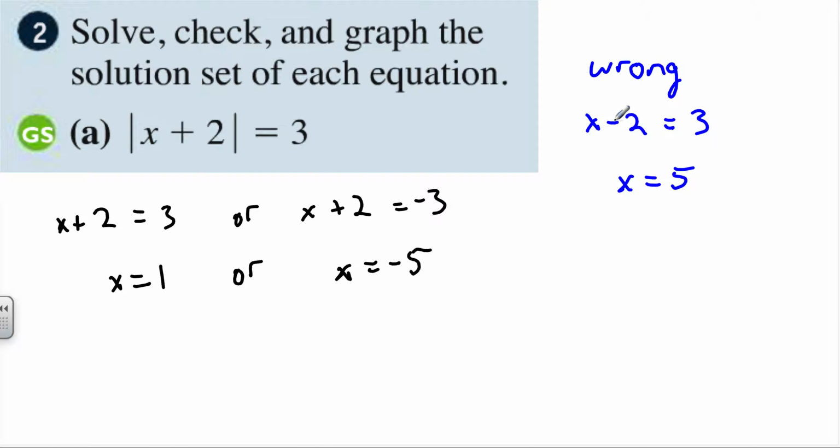So this doesn't work. Okay? So you want to change the part out. You want to get the absolute value by itself and then change the other part, not inside the absolute value, but the part outside the absolute value.